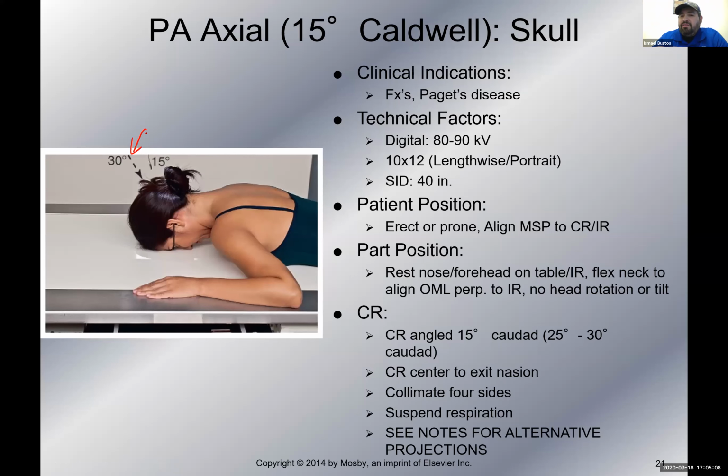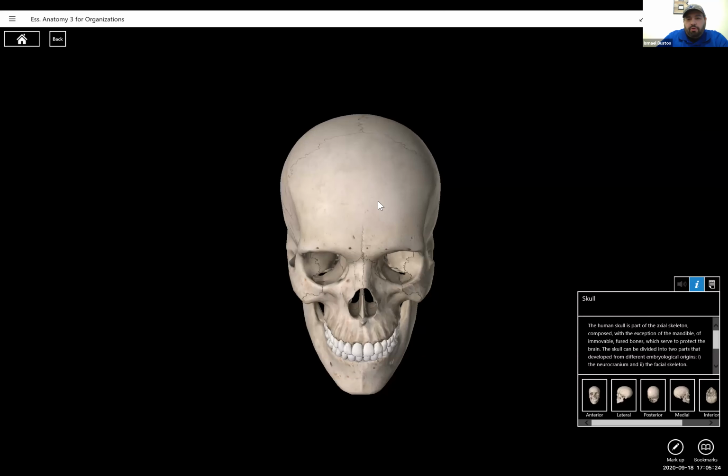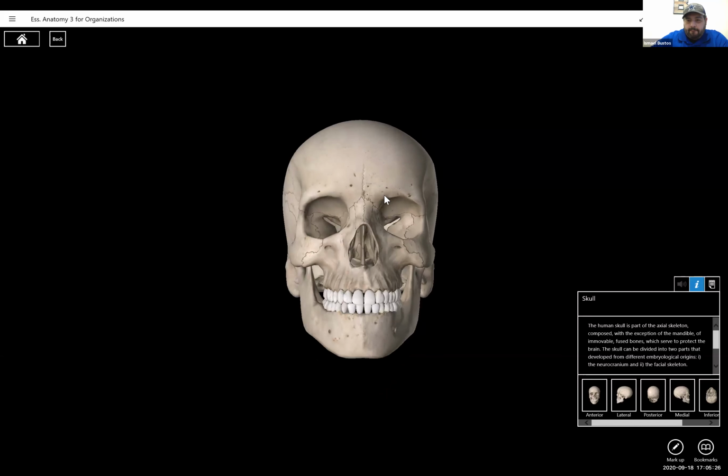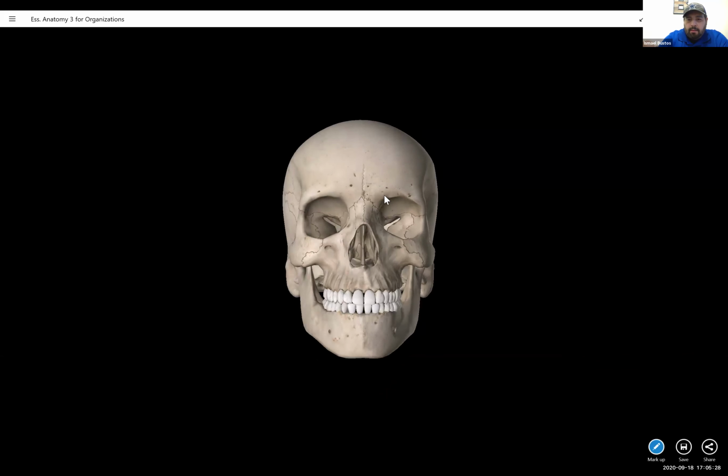Now, what this is going to do is show more of the infraorbital margin. Even though it's distorted, it's going to show a little bit more of the infraorbital margin. It's also used to show the supraorbital fissures. You're like, well, what the heck are the supraorbital fissures? Let me show you. Supraorbital fissures are those structures there.